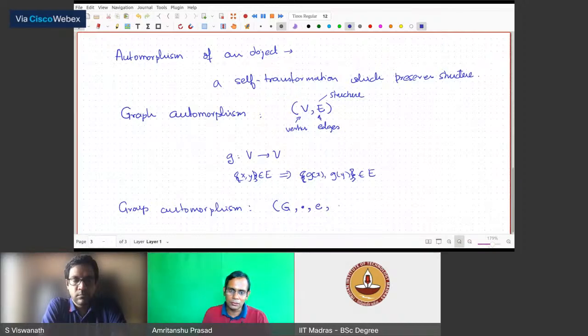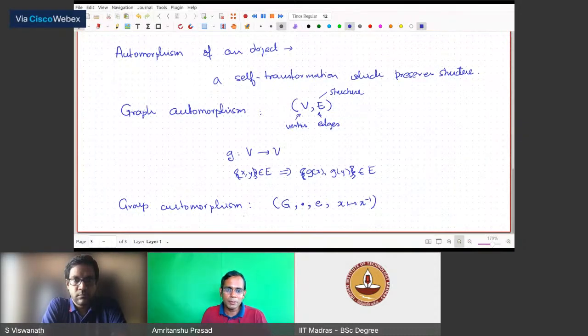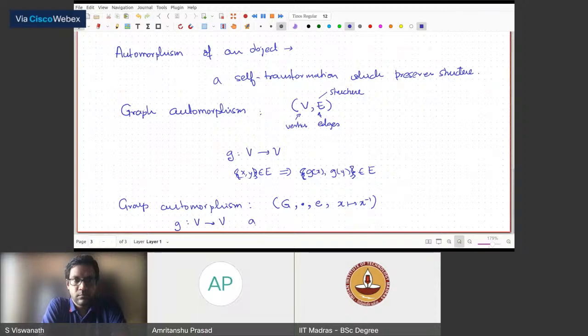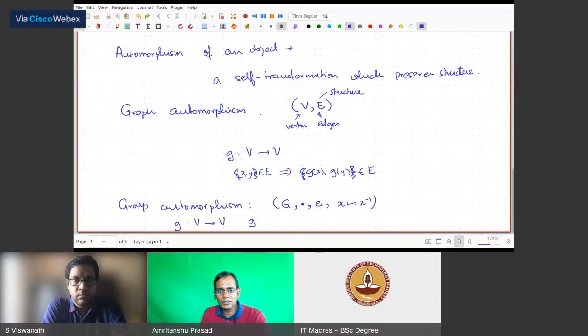So it has the inverse function. One could define a group automorphism as a function g that preserves all this structure that is on it.